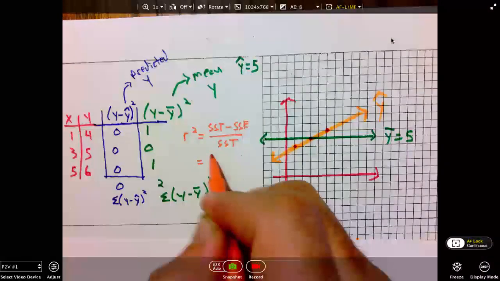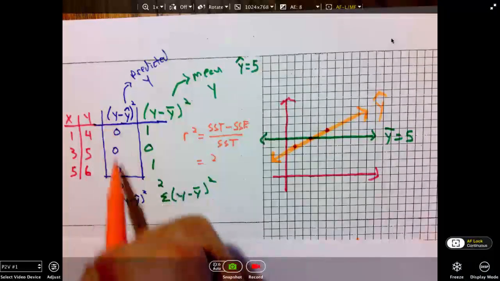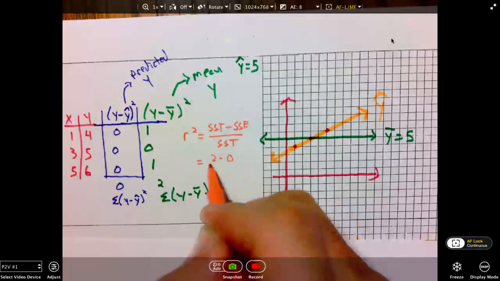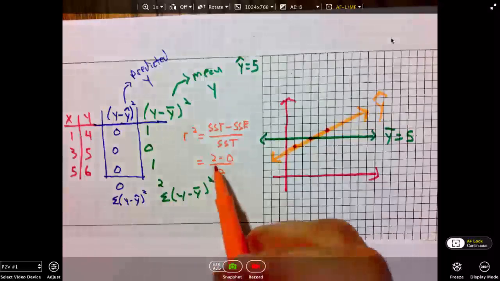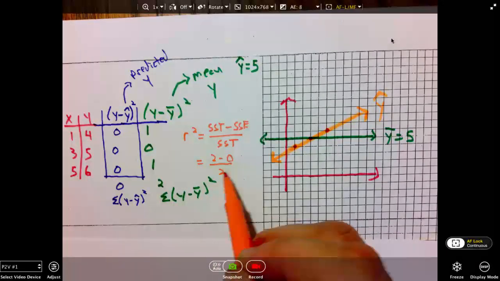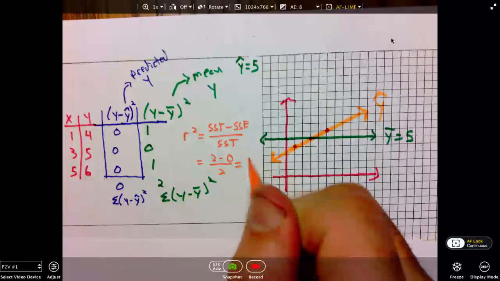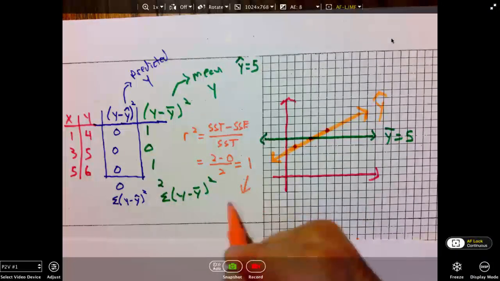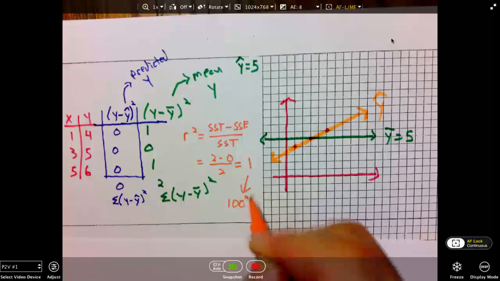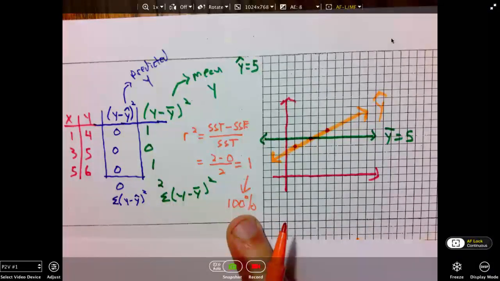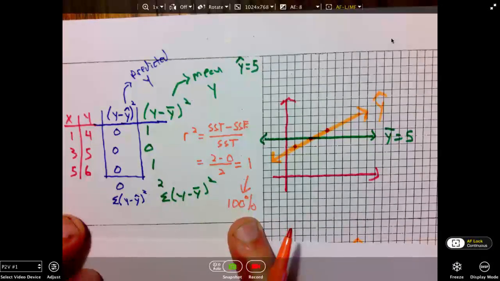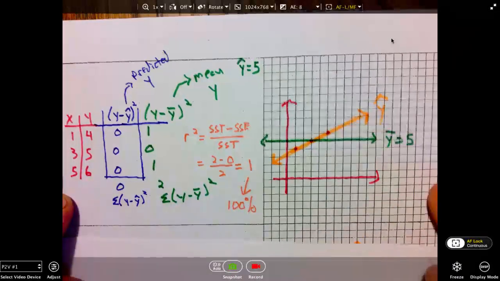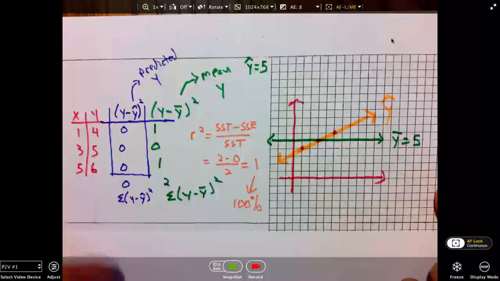SST is 2. SSE, that's this number here, 0. SST down here, 2. So what we have is 2 minus 0, that's 2. 2 divided by 2 is 1. Our r squared here is 1. And that 1 is 100%. 100% of the change in y is explained by the change in x, because our situation is perfectly linear.